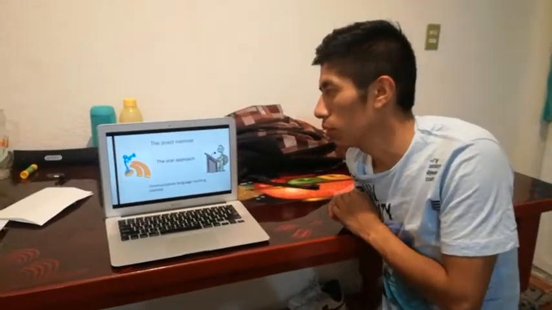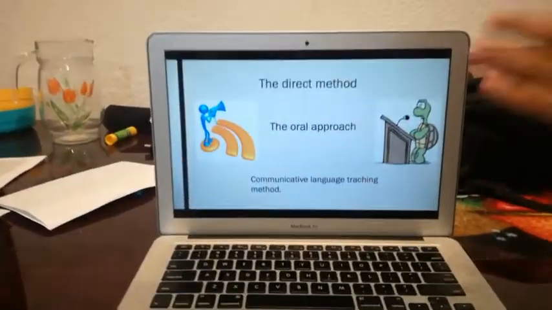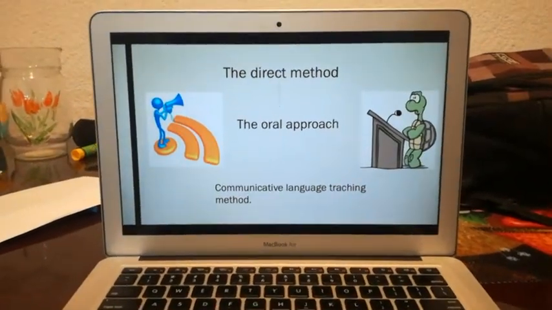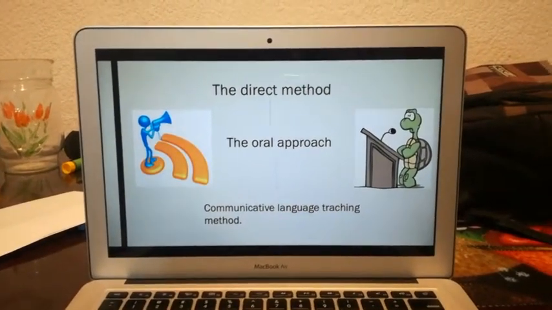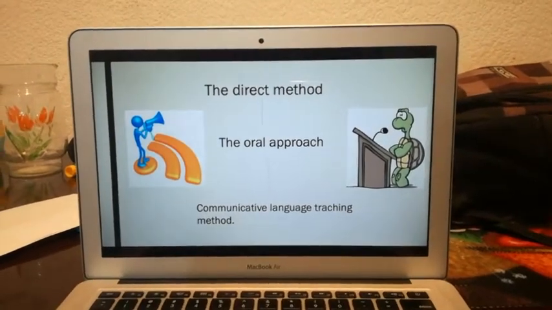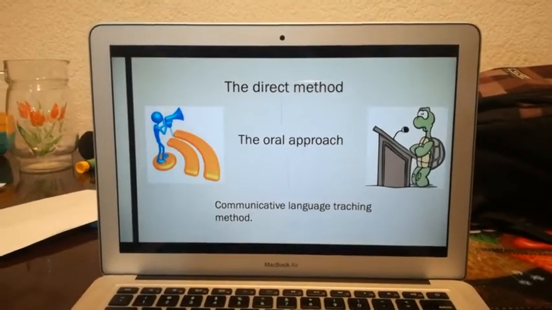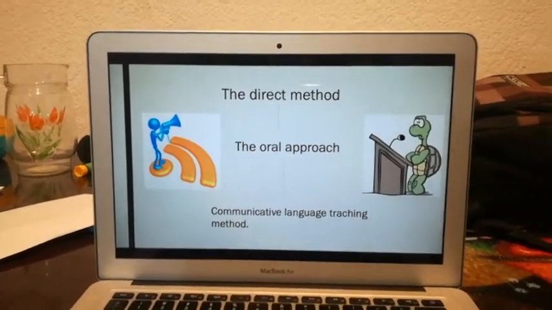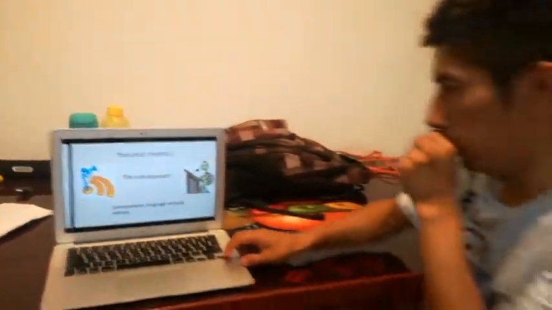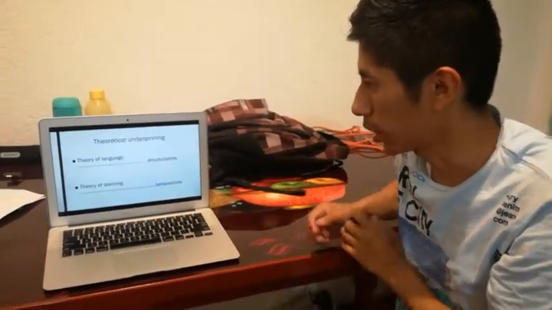As I told you, the direct method is the principal one in this, then we have the oral approach, and finally we have the communicative language teaching method. This is very important.